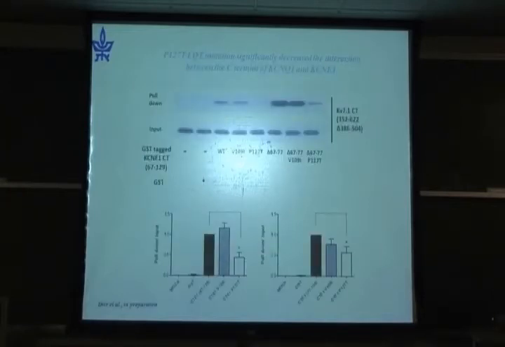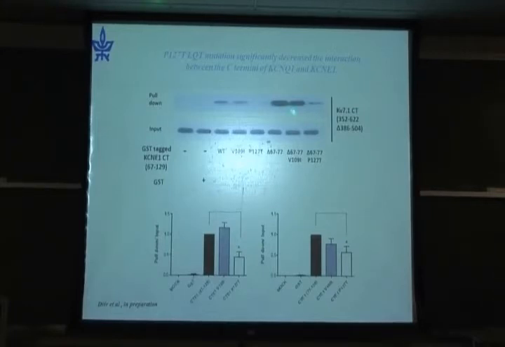And interestingly enough, if you analyze this long QT mutation, this proline actually has a much marked decrease binding to coil-coil helix C of the alpha subunit. This is the wild type. This is the mild mutation V109, which does not actually display a change in the binding to coil-coil helix C. But this long QT mutation has a very marked decrease ability to bind coil-coil helix C of the alpha subunit.